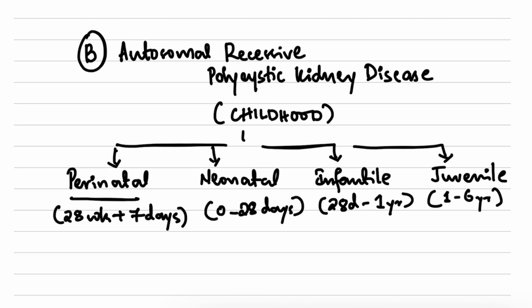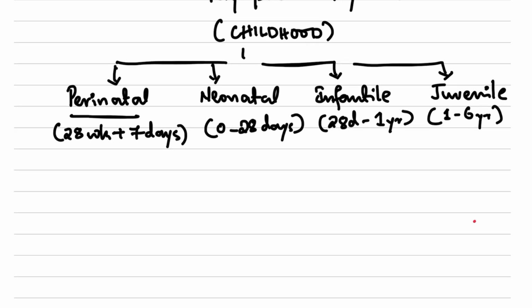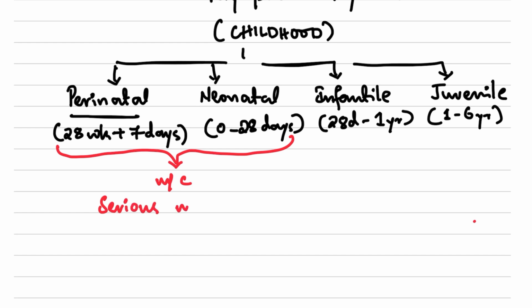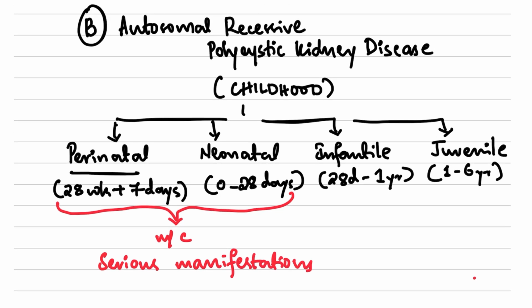One thing you should know is that the disease that affects the perinatal and the neonatal period is the most common, as well as it is associated with serious manifestations. So whenever there is autosomal recessive polycystic kidney disease that affects the childhood, it could be divided into 4 different periods of childhood: perinatal 28 weeks to 7 days, neonatal 0 to 28 days.